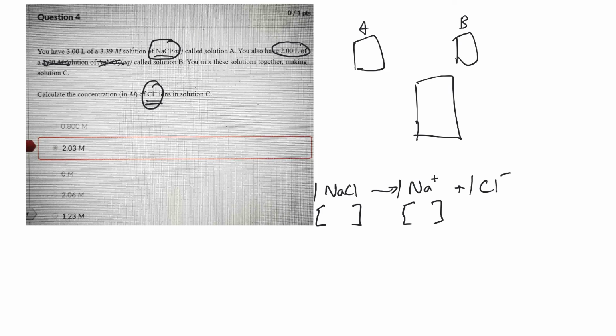Let's figure out the moles of chloride ions that I have in that initial solution. Moles is equal to C times V. The concentration is 3.39 moles per liter, and the volume is 3 liters.